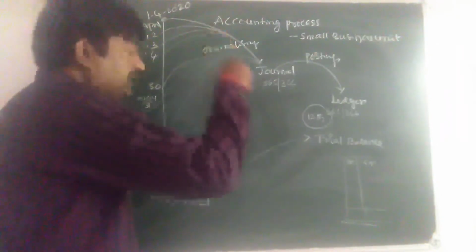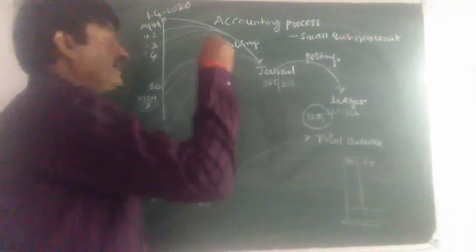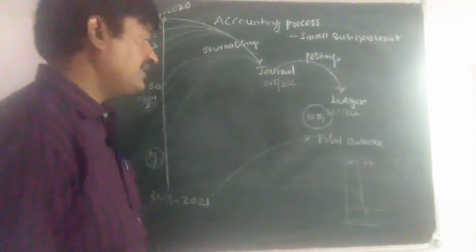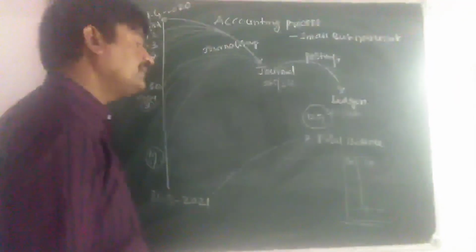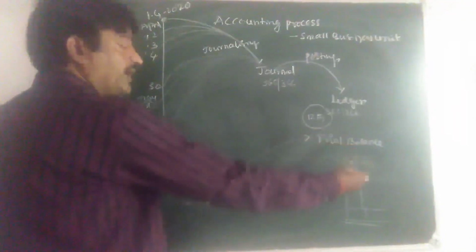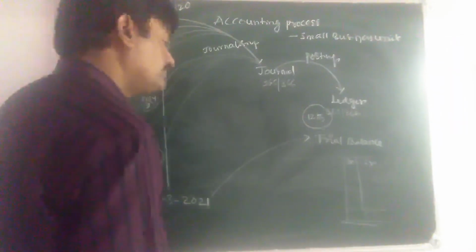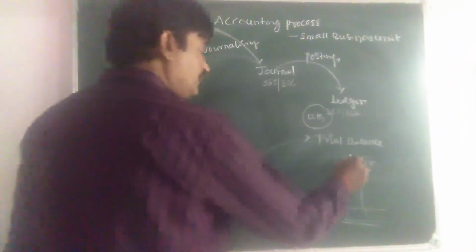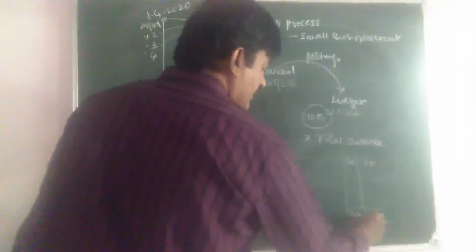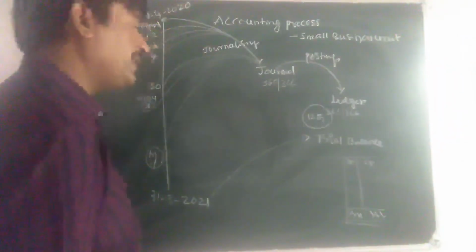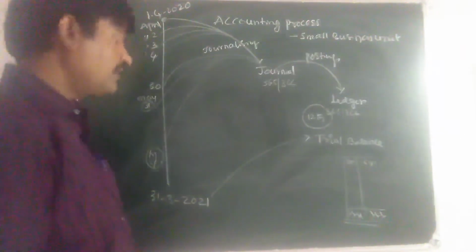We are finding that error, detecting that error, rectifying the mistake by passing rectification entries, and making what? Making agreement of what? Agreement, that is tally of trial balance, finding and ascertaining equal answers on both sides, debit and credit column.